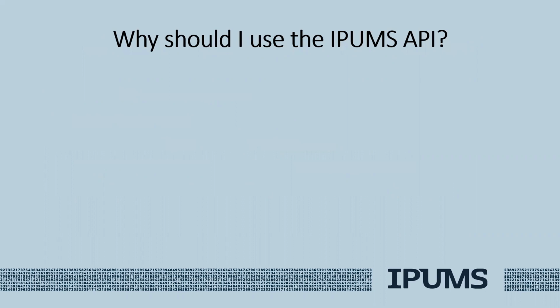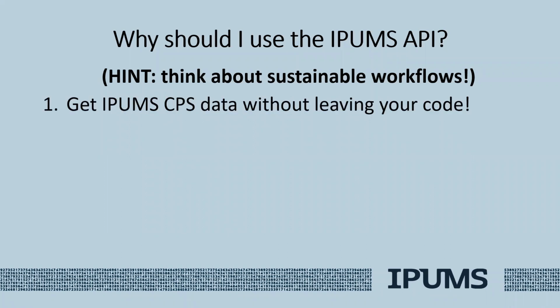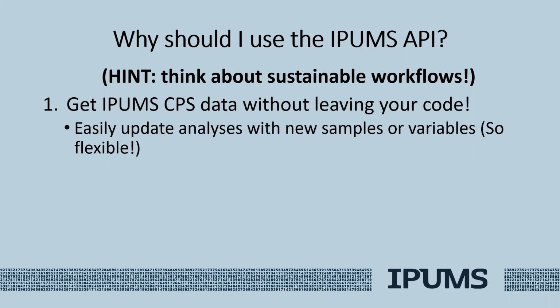Okay, so you may be wondering if the API is really just another way to do what I can already do with the website, except maybe less. Why should I use it? And it has something to do with sustainable workflows. So first, since the API provides a code-based interface for creating extracts, you can get IPUMS CPS data without leaving your code.